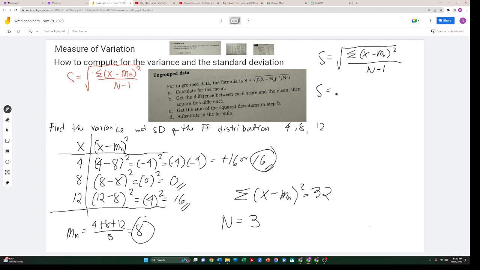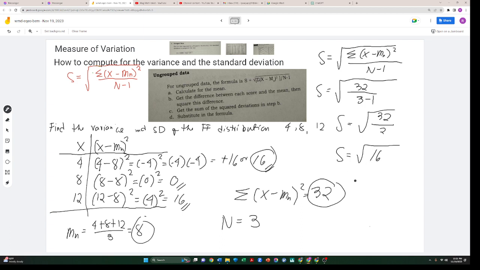The result of the summation is 32, we just added the results here. So 32 divided by 3 minus 1. So s is equal to the square root of 32 over 2, which is 16. Therefore, the square root of 16 is 4.